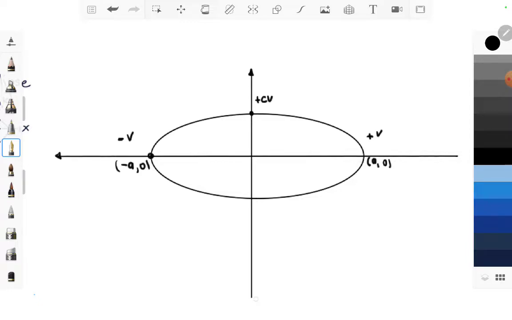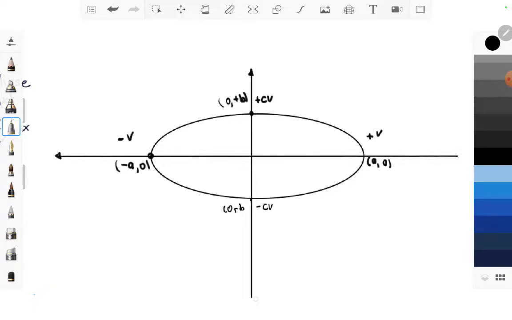I will call this my CV, a point on my minor axis, wherein I have 0 positive b, and my negative CV, wherein I have 0 negative b.